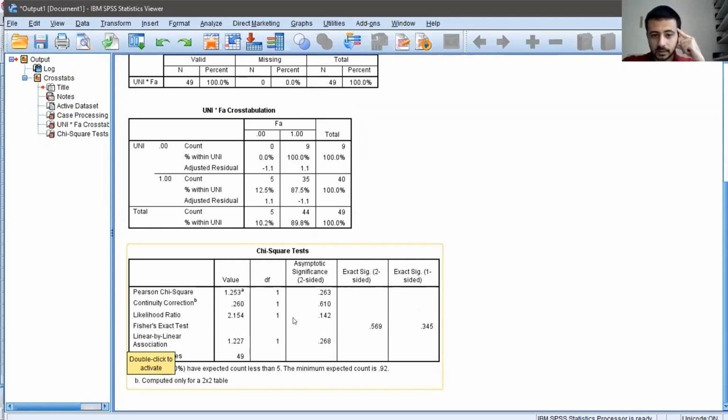The Fisher exact test. The significance of the Fisher exact test is 0.5. So it's not significant, and I cannot reject the null hypothesis. But let's assume that the p value was lower than 0.05. What is the conclusion I have?